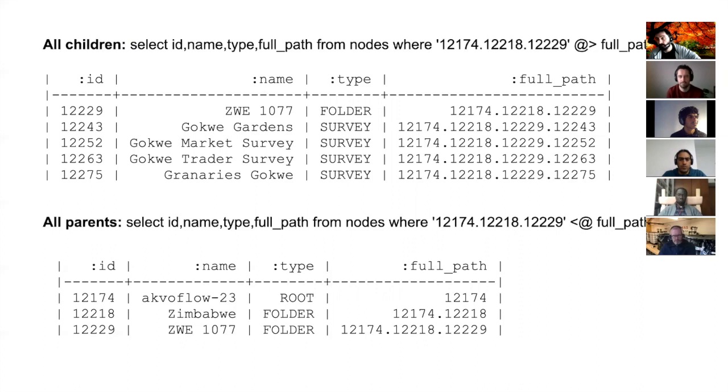And on the bottom, you see how to make a query to get me all the parents of this particular node. So basically authorization, the way we have implemented it, is just a matter of getting one of these queries plus doing a join with the authorization for that particular user. And that's it. It's still a little bit big, but it's not rocket science.